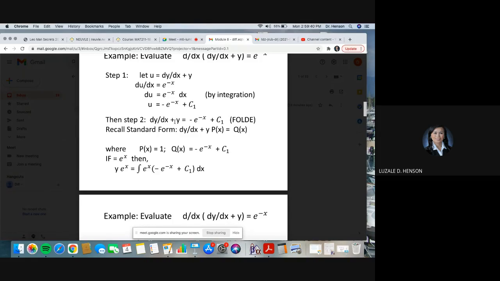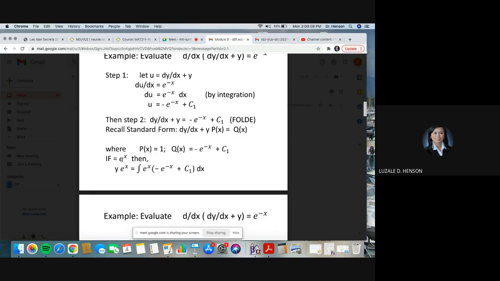It is understood that it is equal to 1. So your p of x is actually 1, and this is the expression of your q of x. So equate that with the q of x, and you can now determine your integrating factor. That integrating factor is e to the integral of 1 dx. But what is the integral of dx? x. Therefore, that's the value of your integrating factor, e to the x.